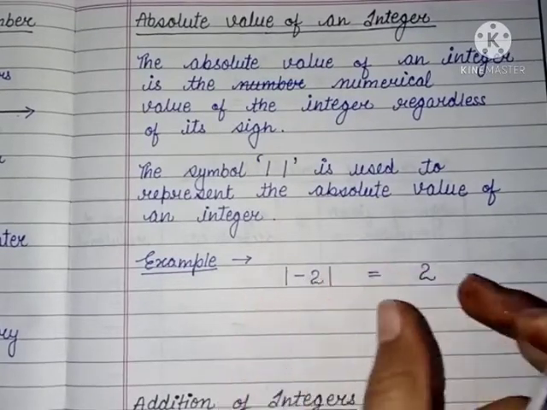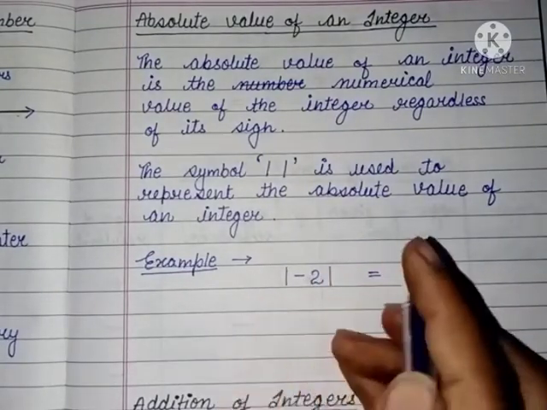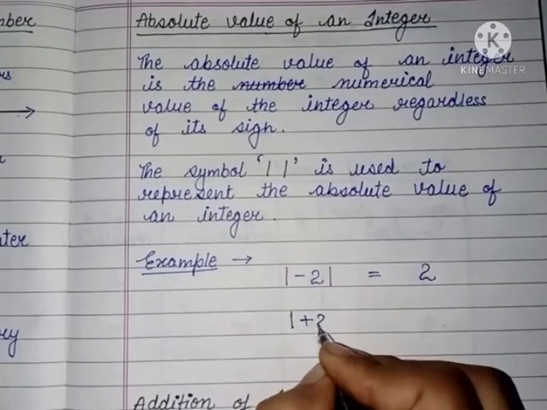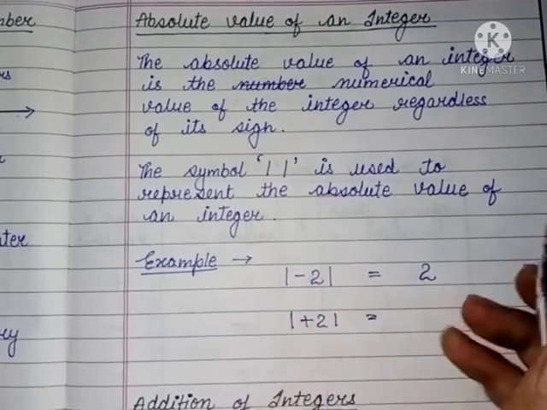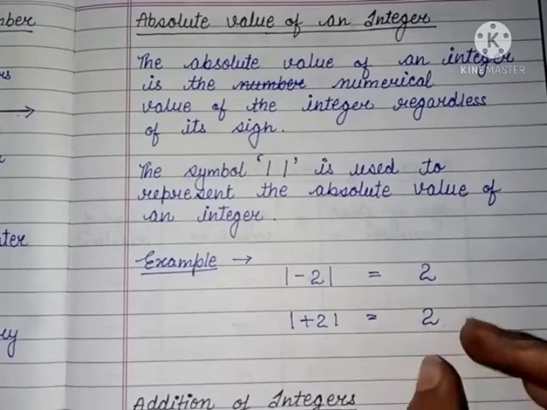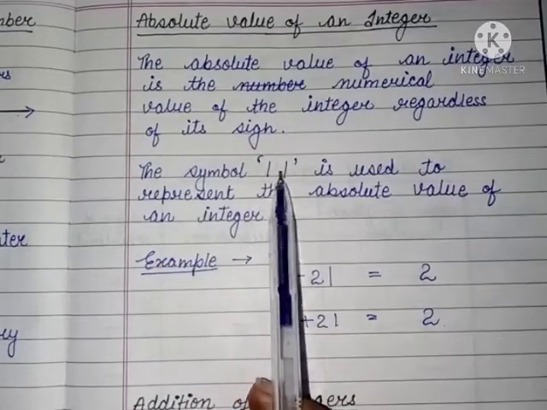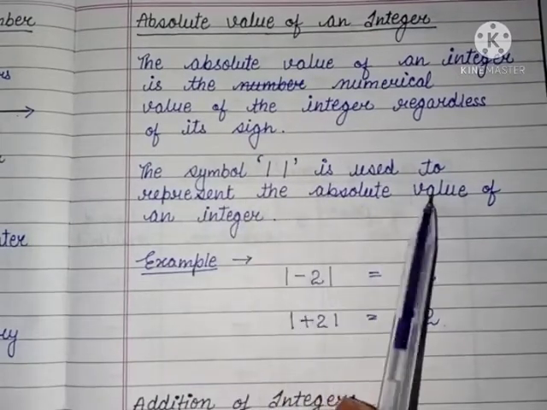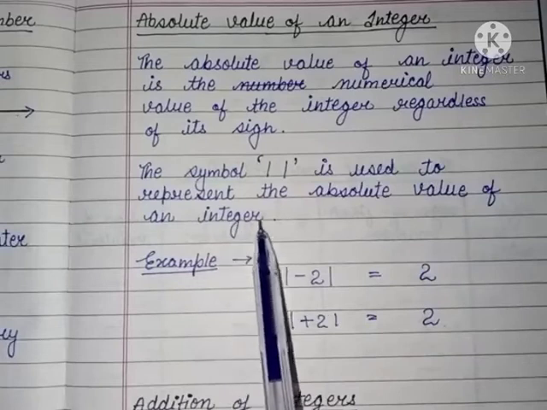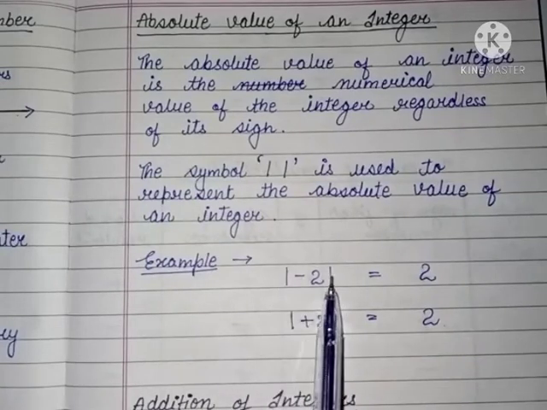We will not include the sign, whether it is plus or minus, whatever the sign, we will just take the numerical value. So this will be the absolute value of any particular number. This symbol is used to represent the absolute value of an integer, the symbol which we have used here.